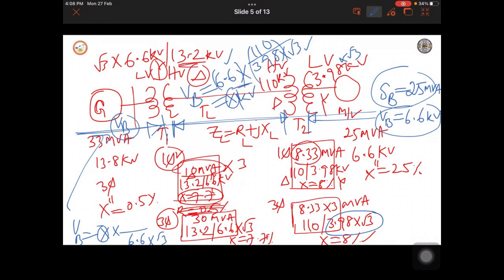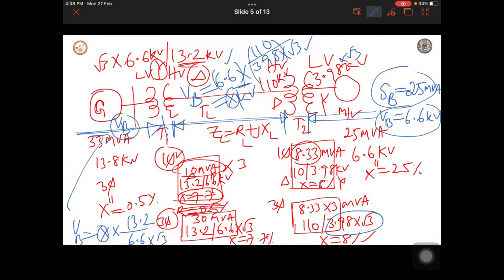Same range we have to consider, and then 13.2. So this is how we can find the base voltage on the generator side. If you know the base voltages in different parts of the power system, your problem is almost solved.